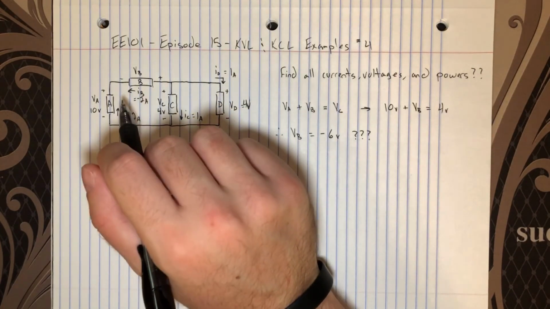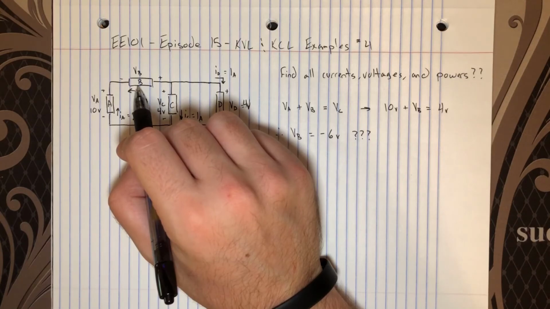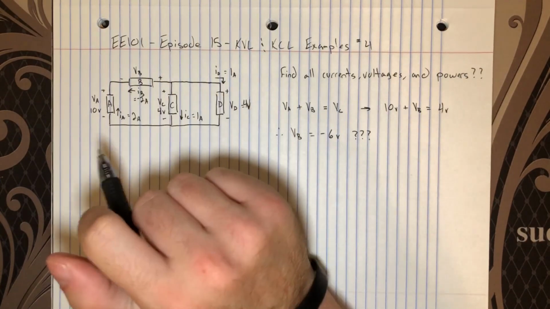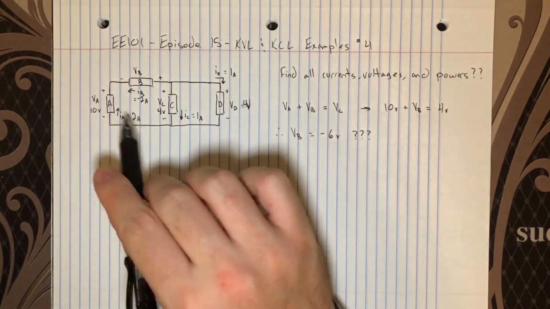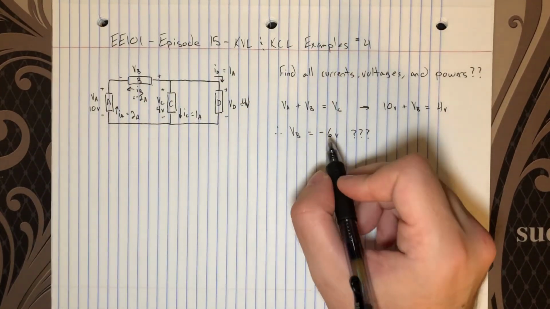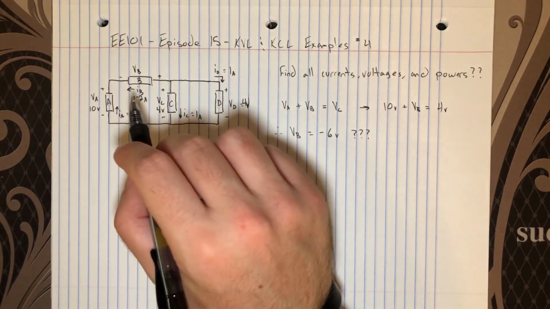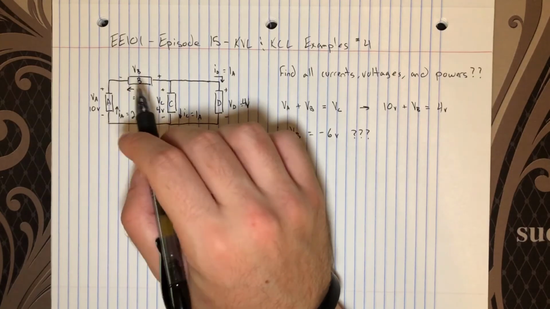So in reality, the polarity of element B has a plus on the left here and a minus on the right. And so as the circuit is drawn, this minus just captures that. Saying the voltage is minus 6 means that the true polarity is the opposite of this.